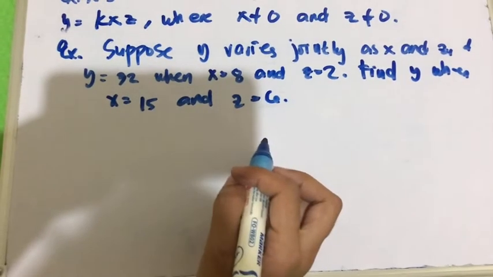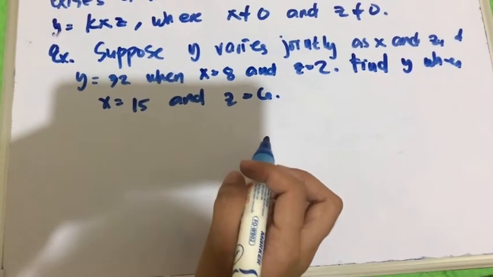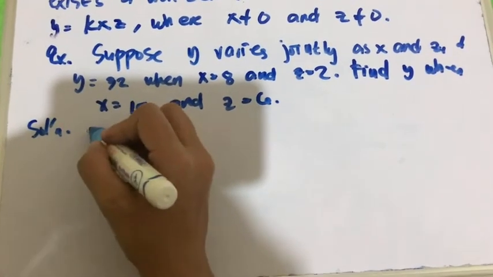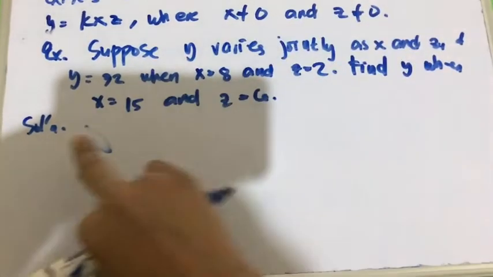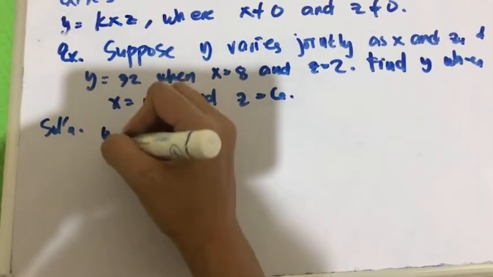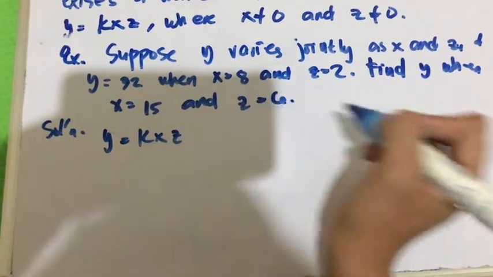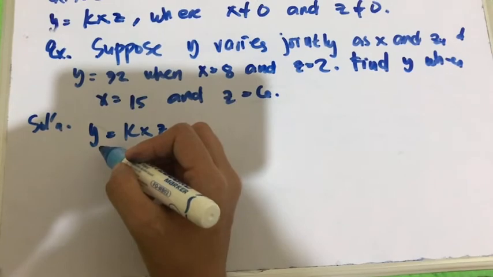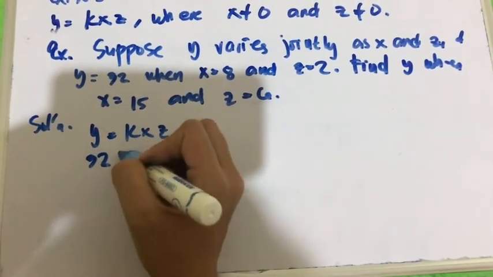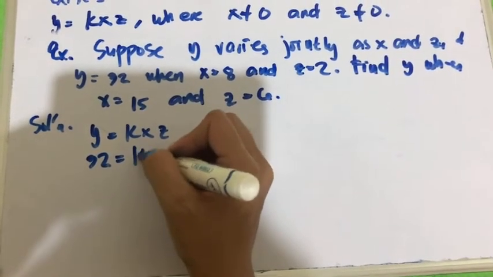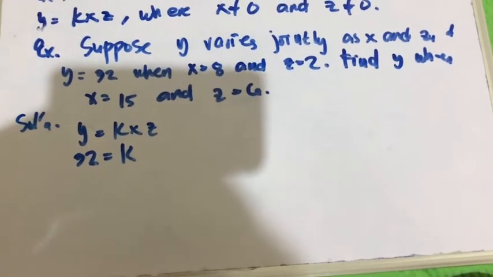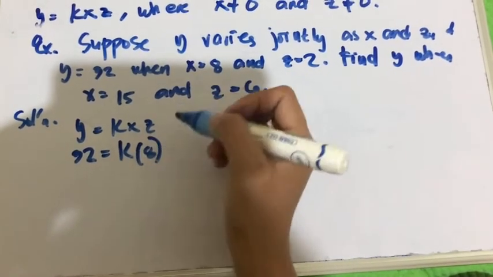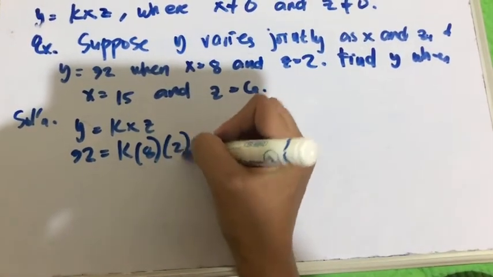So first, we have to find the constant of variation or the constant of proportionality. We start with the form y equals k times x times z. Given y is 32, k is unknown, which is what we are looking for, x is 8 and z is 2.